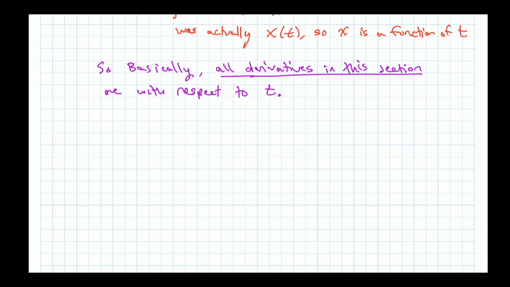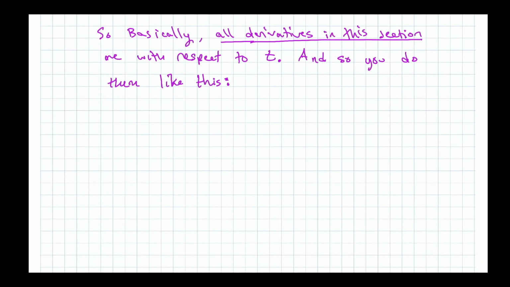And you'll do them like this. So here's some examples of how they're going to work. You're going to get something like this.